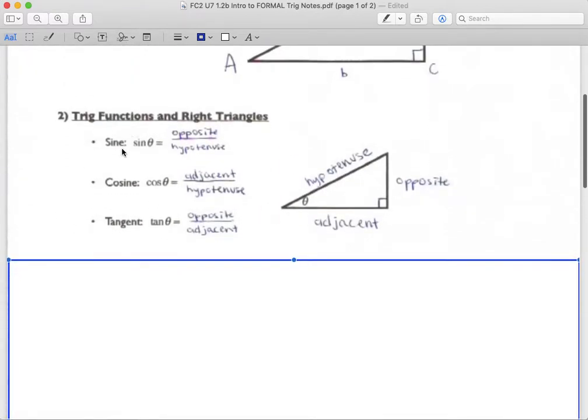We went through a video, and you did a worksheet and a delta all about how to figure out the ratios for each of these trig functions: sine, cosine, and tangent.